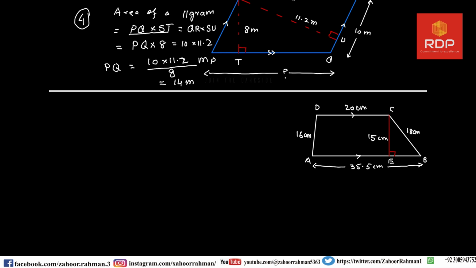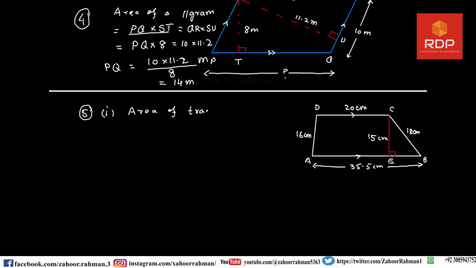If we are going to find the area of this trapezium, the figure is shown on the right side, and you can see the dimensions. So let us first write the general formula.